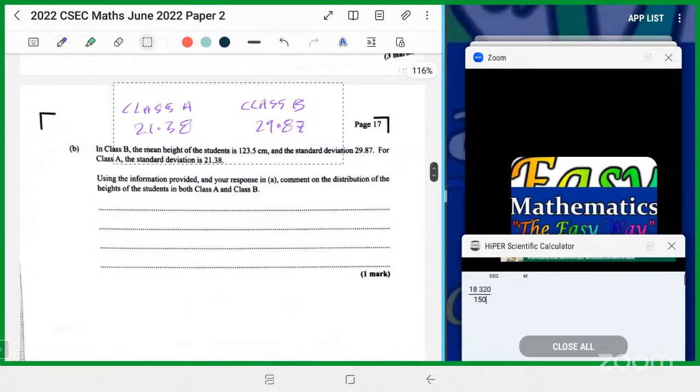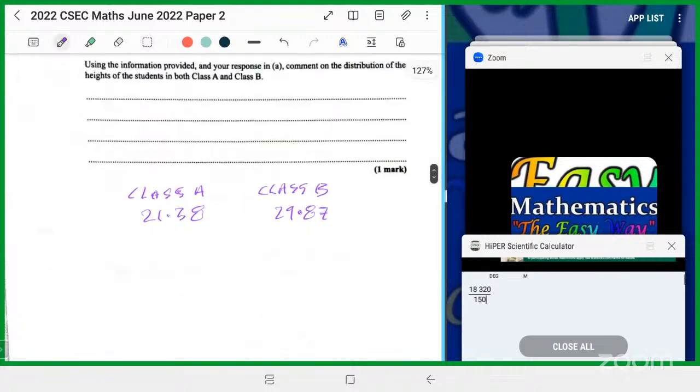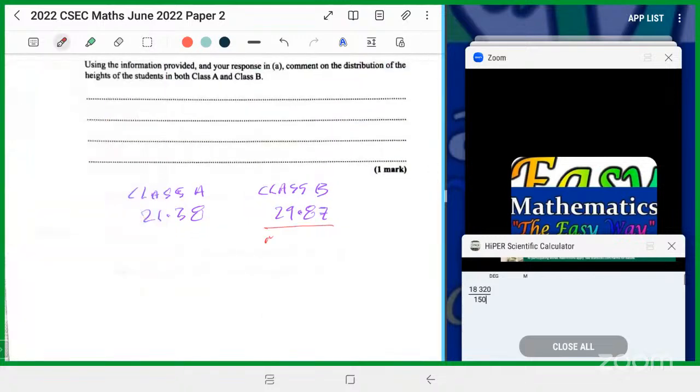All right. So simply put, since this one is higher, it's more widely spread from the mean compared to class A. And since this one is lower, it is more closely spread or less widely spread.